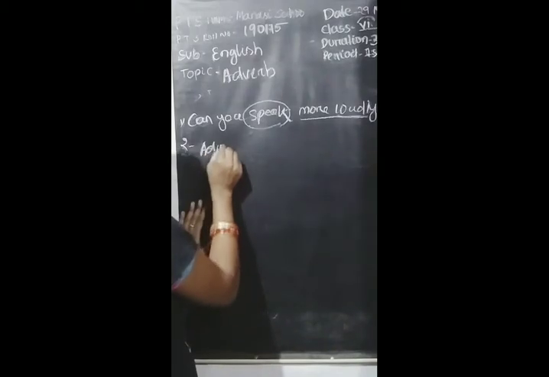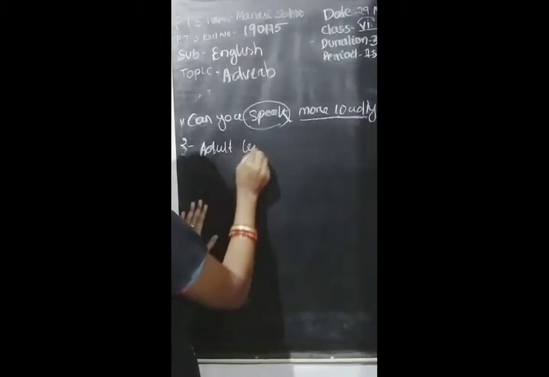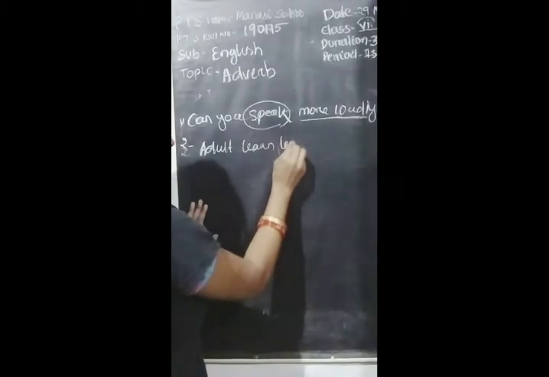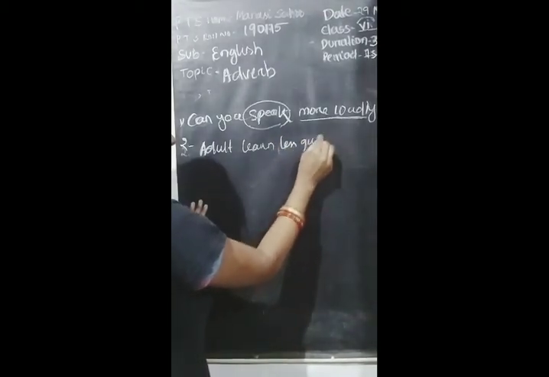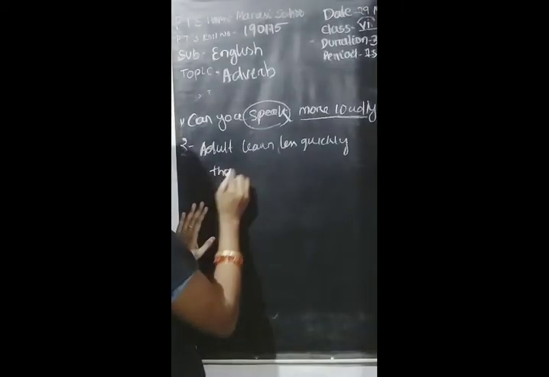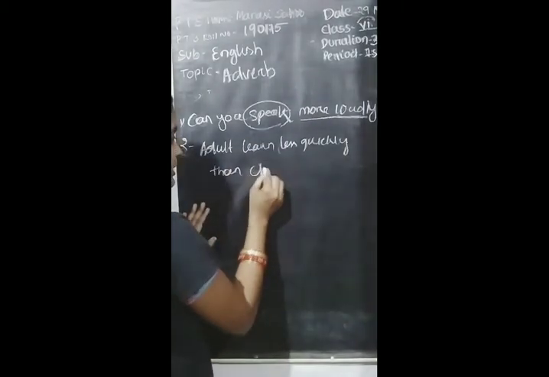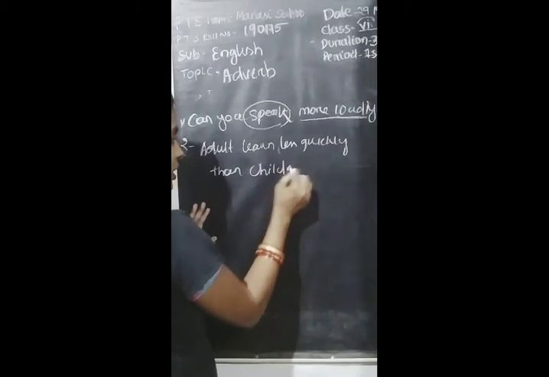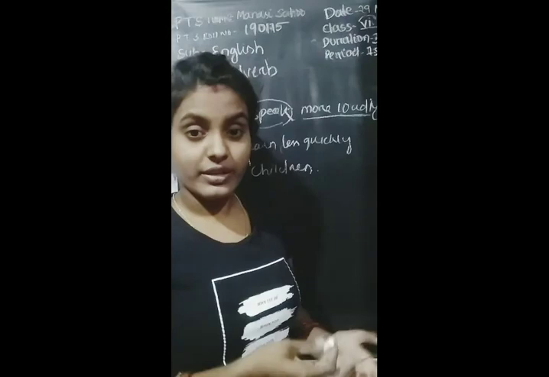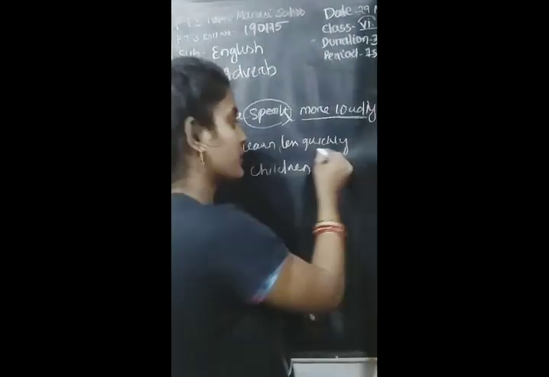Adults learn less quickly than children. Okay, so my dear students, here the adverb is, very good, Sasan, quickly.